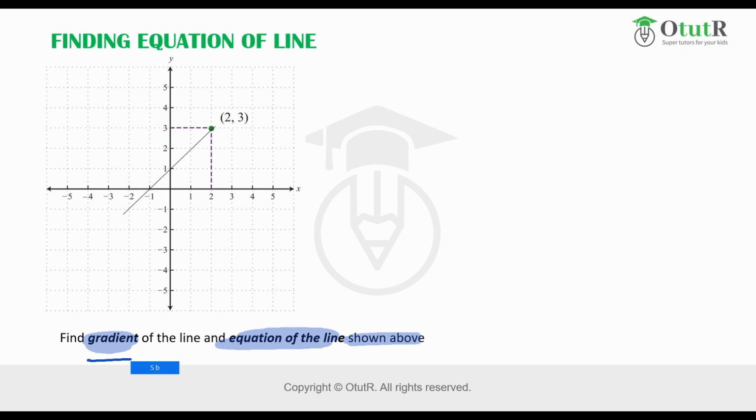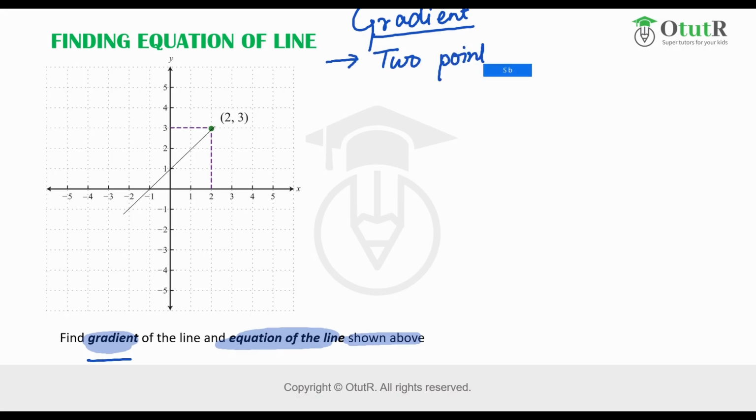First let us concentrate on the gradient part. For finding the gradient, we need 2 points on the line. Remember, this part is very important, because you can choose any 2 points, it does not matter, but they have to be on the line.